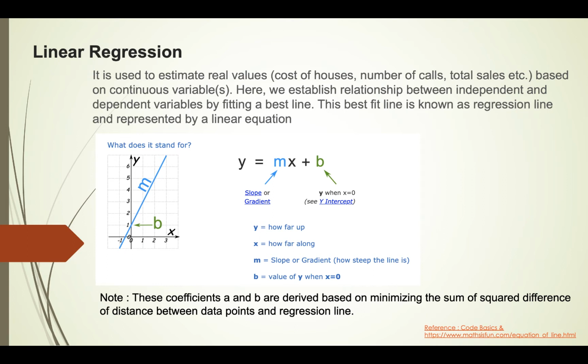Here we establish a relationship between independent and dependent variable by fitting a best line. This fit line is also known as regression line and represented by a linear equation y is equal to mx plus b. So by using this line, we are predicting the relationship between independent and dependent variable.